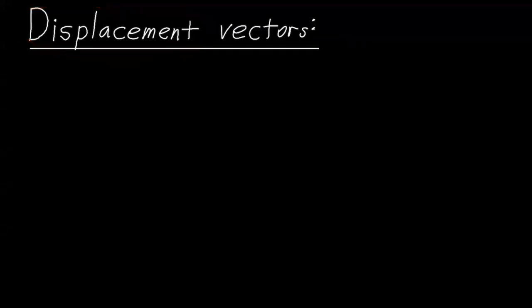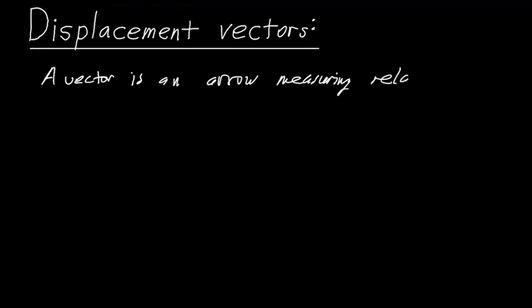A vector, let me just say it this way, is an arrow measuring relative position. Because there's no real origin in space, there's no absolute center point of all space except your heart. Your heart is the center.